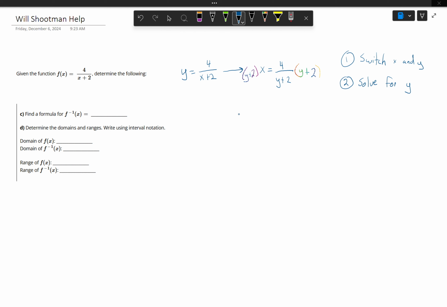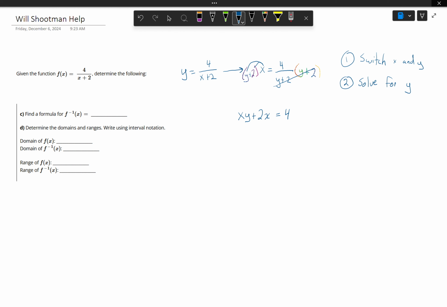So I end up with xy plus 2x equals 4. So I distributed the x to both things in here. And on the right, these y plus 2's divide out.